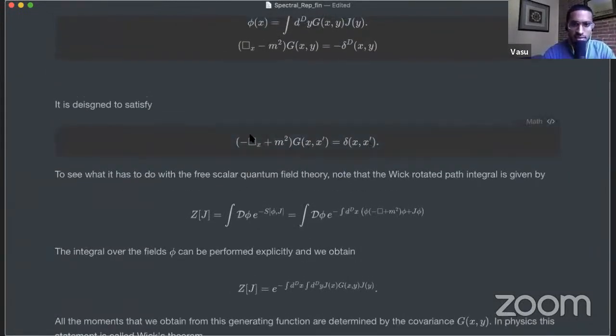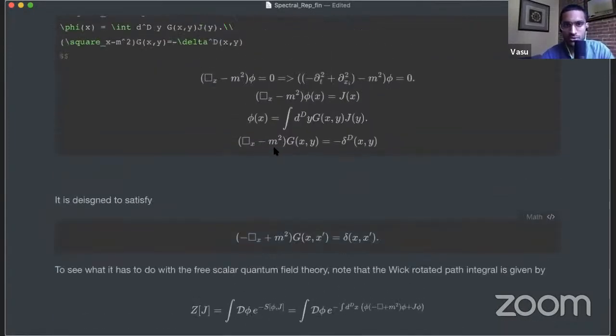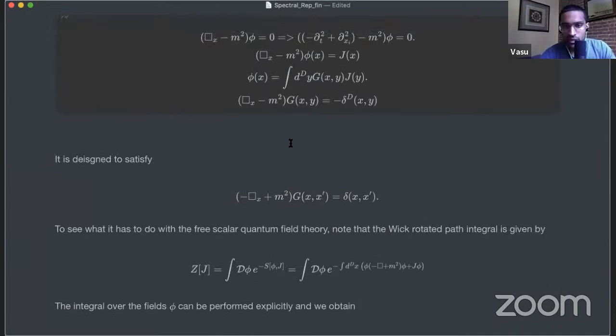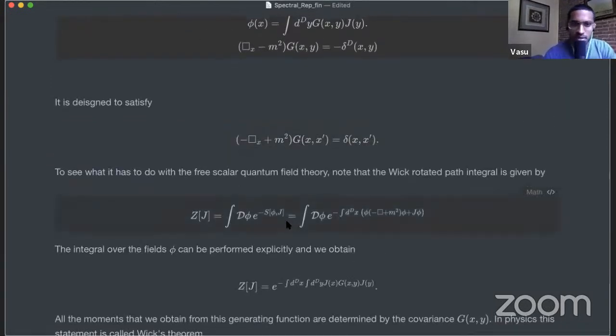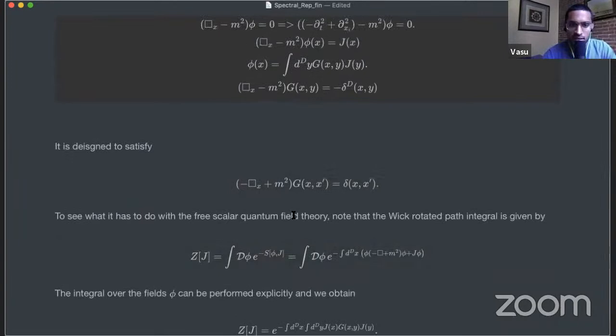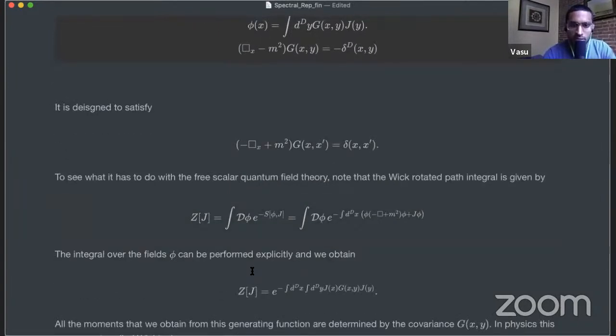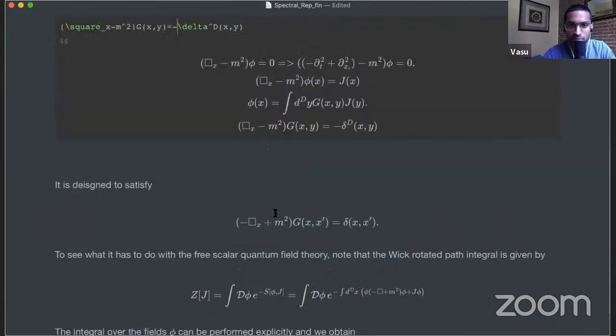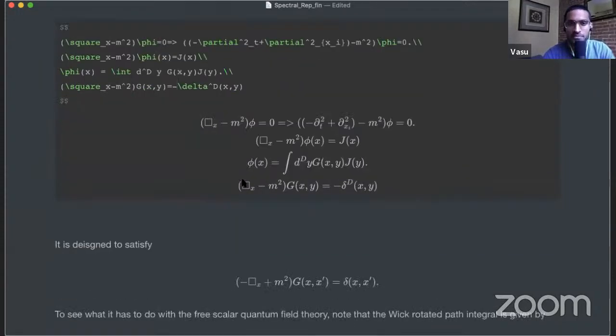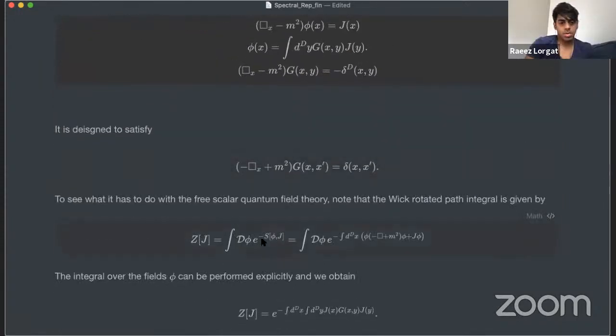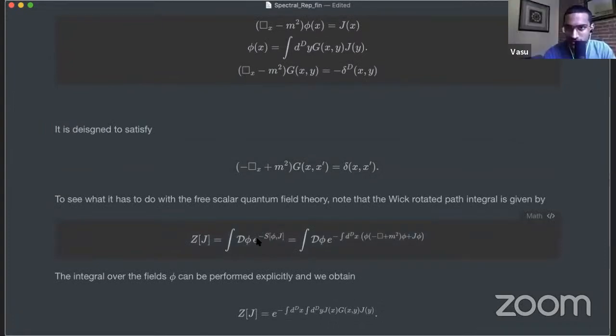Given that G satisfies the equation here, which allows it to be the thing that takes us from source to field, what we can then do is look at the defining quantity for the statistical field theory of a scalar field. Right. So now we started classical, and what we can do is move on to quantizing this theory.